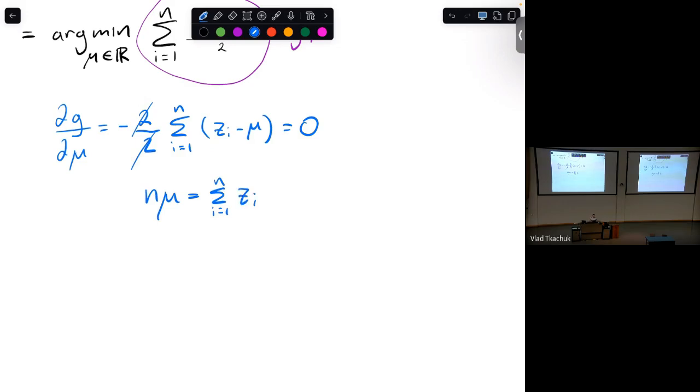Which tells us that the maximum likelihood parameter, the solution for mu, is just 1 over n times the sum i equals 1 to n of zi, which is just the sample mean we had originally said it was going to be. Okay. So that's how the math gives you that.